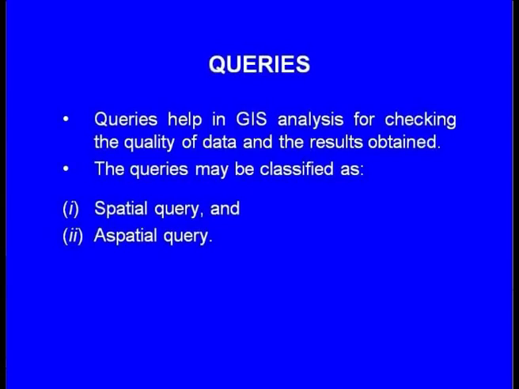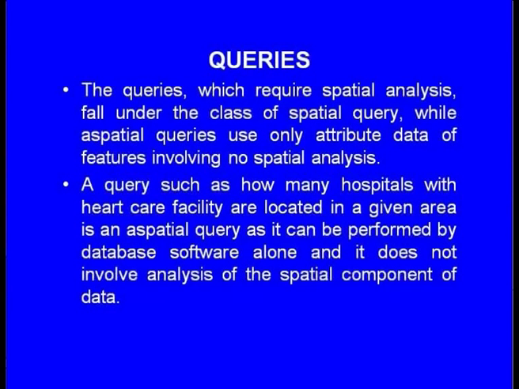Queries help in GIS analysis for checking the quality of data and the results obtained. The queries may be defined as spatial queries or aspatial queries. The queries which require spatial analysis fall under the class of spatial query, while aspatial queries use only attribute data of features involving no spatial analysis.